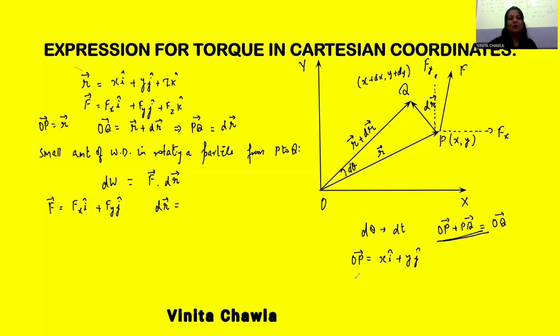And how do we write OQ? If the coordinates are given, then how do we write OQ? Position vector x plus dx i cap plus y plus dy j cap. Now because ये क्या है? Position vectors है.